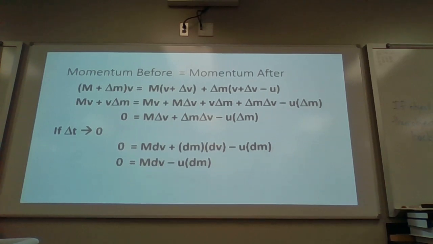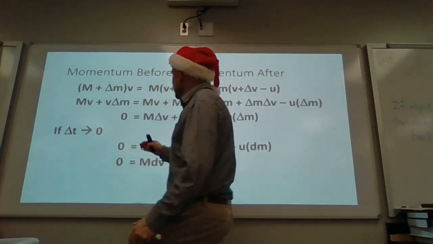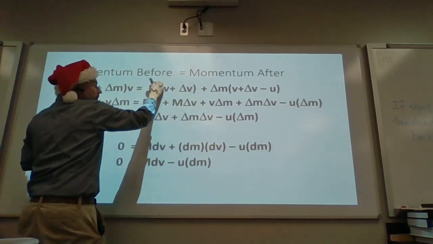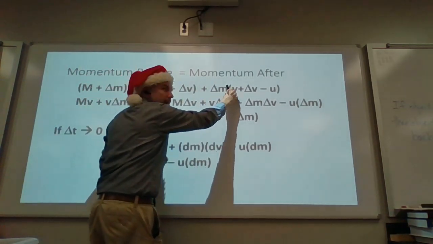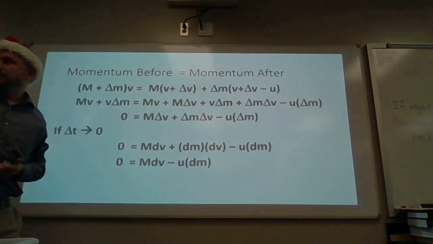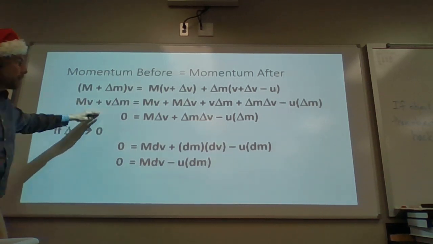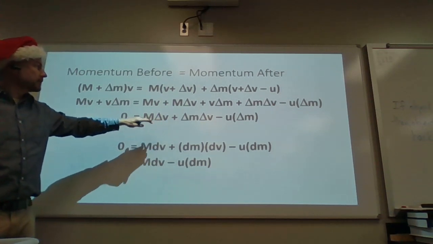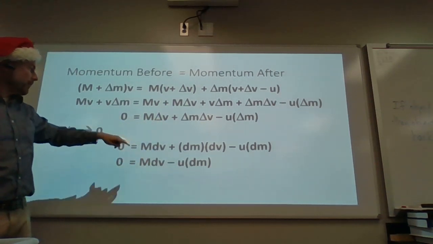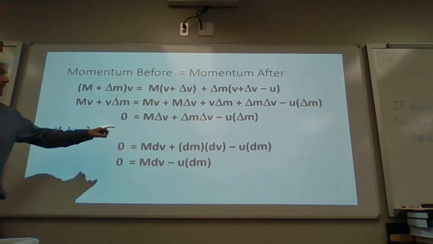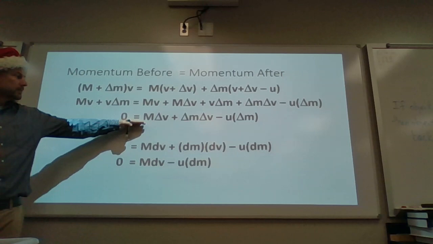Okay, so here's our momentum beforehand. Here's our expression afterwards. This is the body of the rocket. This is the mass of the ejected fuel. When we distribute all this and bring it all over here, this boils down to this.